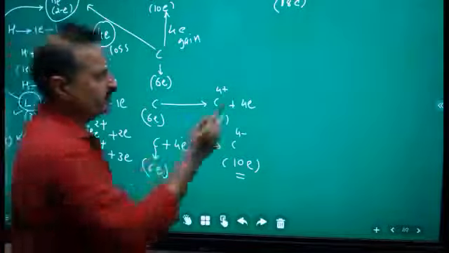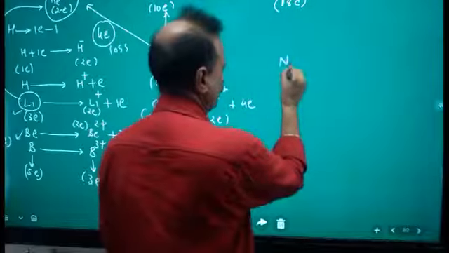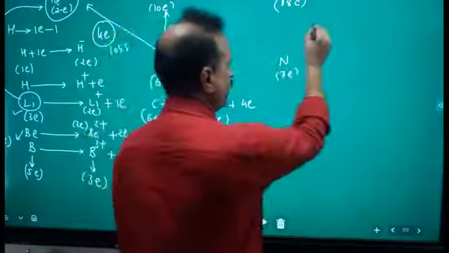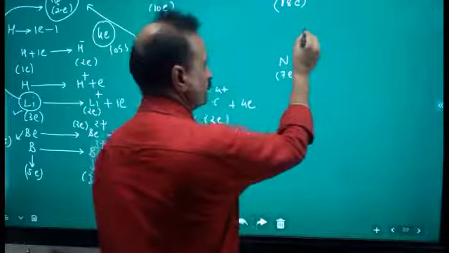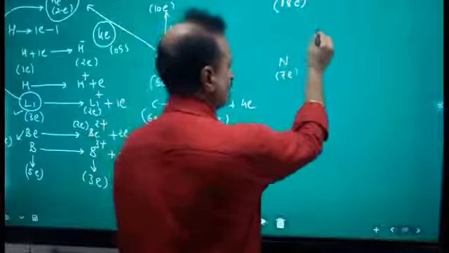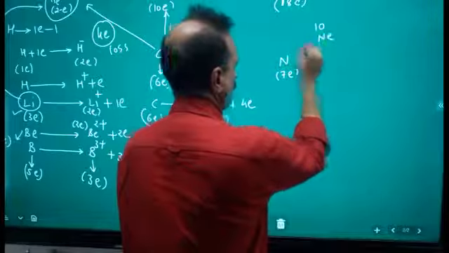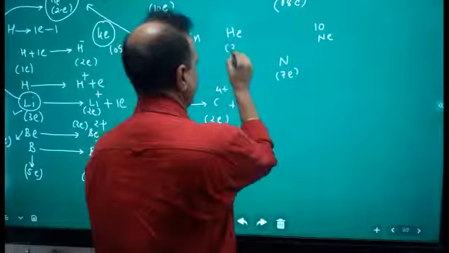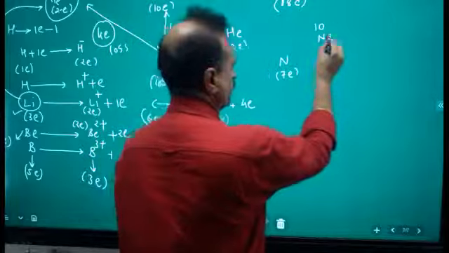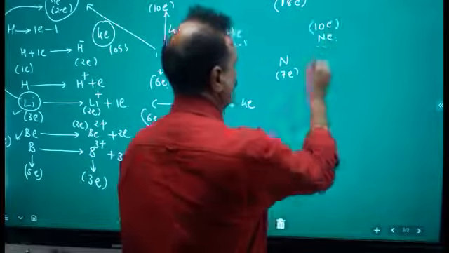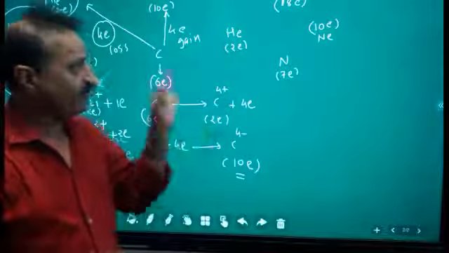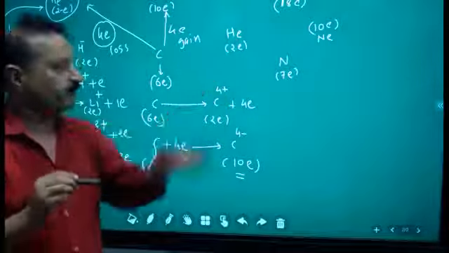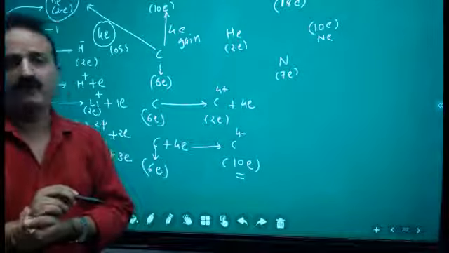Now we are going to discuss nitrogen. Nitrogen atomic number 7, 7 electrons. The nearby noble gas is neon, 10. Another noble gas is helium. Here the number of electrons is 2, here the number of electrons is 10. So nitrogen has 7 electrons. If it wants to become helium, it should lose 5 electrons.